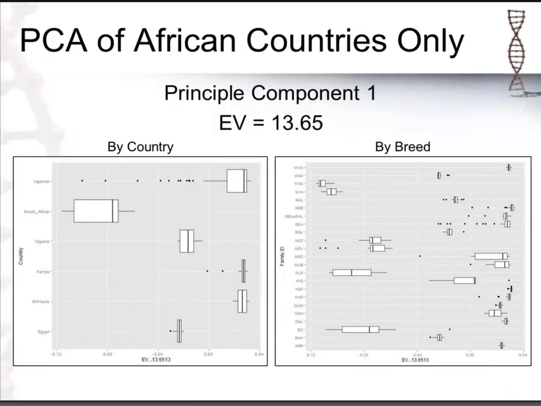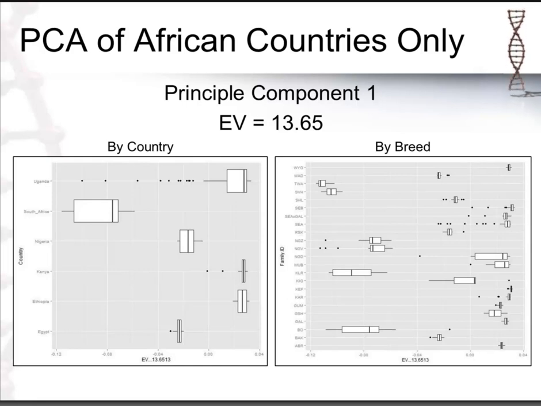So we can look at this a little bit differently. The previous ones had the European ancestry, but if I want to just look at the African countries, I might see a little bit different dynamics, or see what's happening just within Africa. So these are box plots of principal component analysis, and sometimes I find it a little bit easier to look at it and decide what's actually going on in a component when I do it this way.